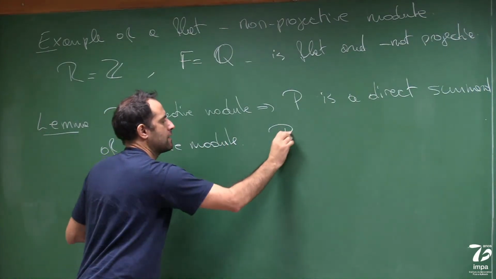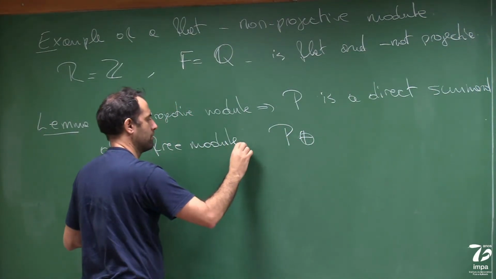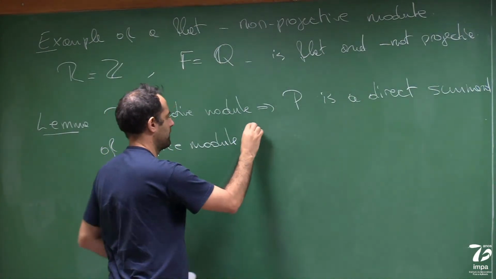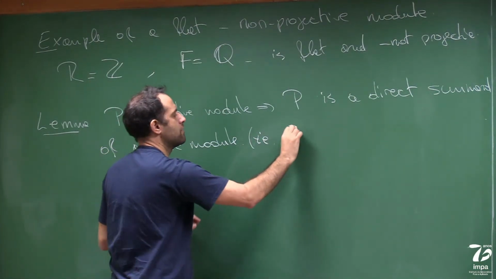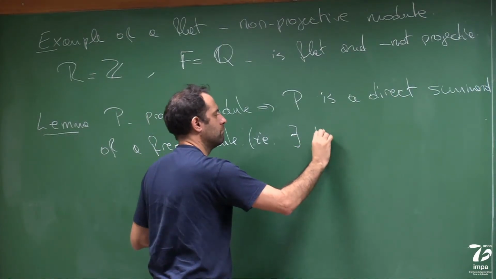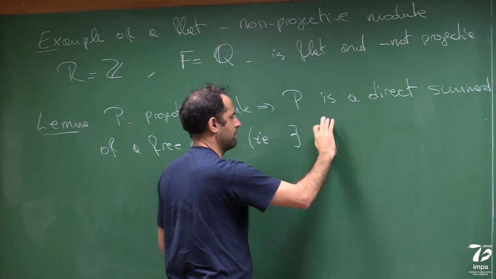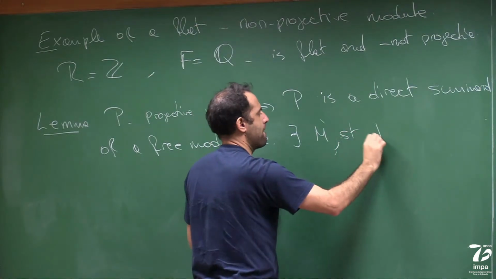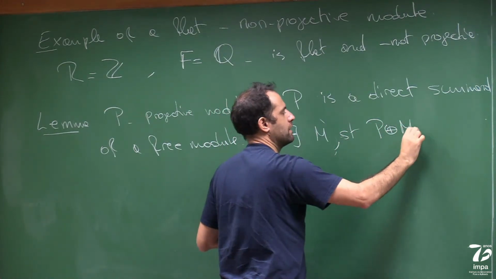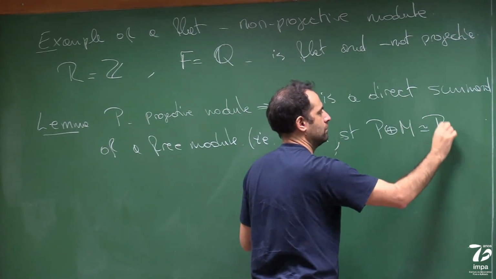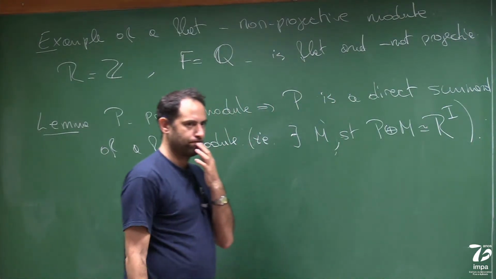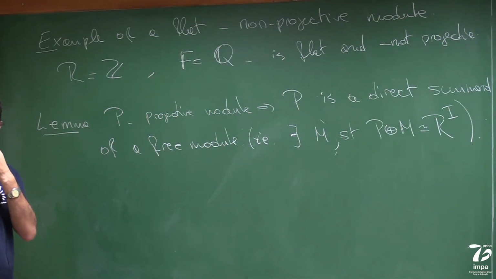That means that there exists, i.e., there exists a module M such that P plus M is free. Did I prove that?